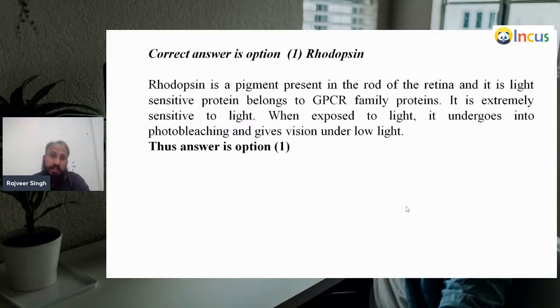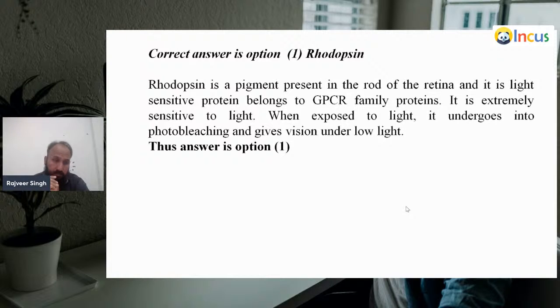Rhodopsin is a pigment present in the rods of the retina, a light sensitive protein that belongs to the GPCR family, and it is extremely sensitive to light. When exposed to light, it undergoes photobleaching and gives vision under low light.